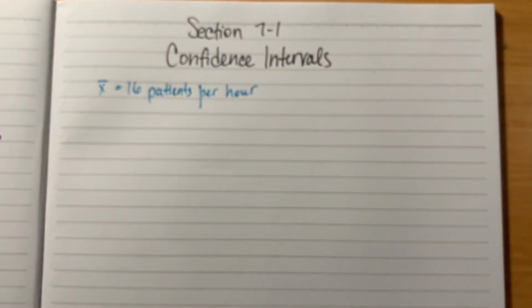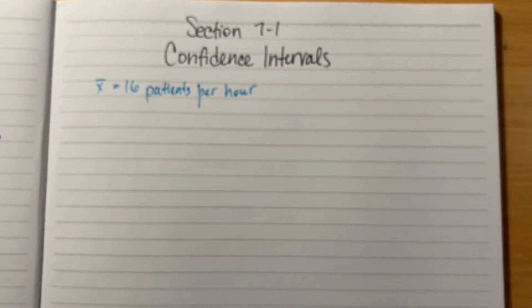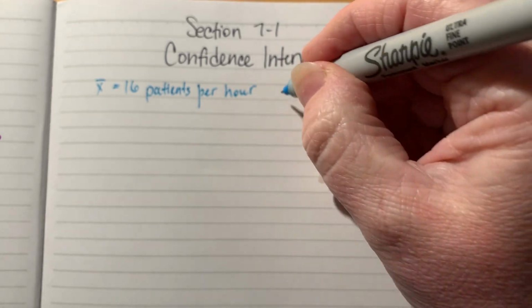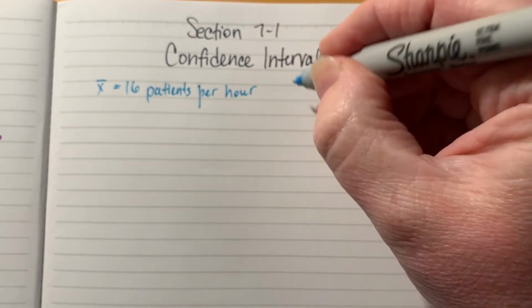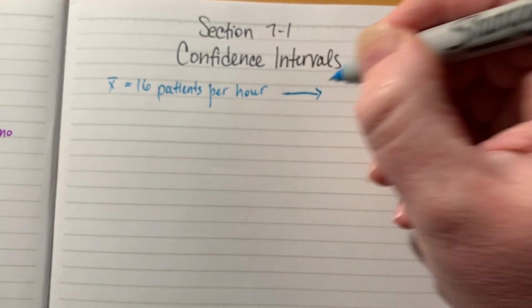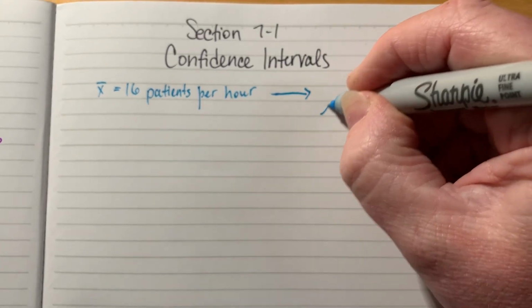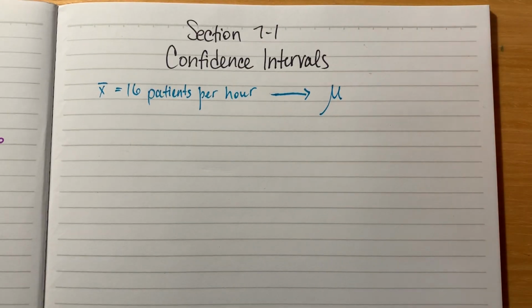Now, if I want to estimate the parameter and I want to know what is the average amount of patients per hour for a lot of hours, what is going to be my mu, right? If I want to take this data and from this, I want to estimate what is going to be the actual mean of the amount of patients per hour.